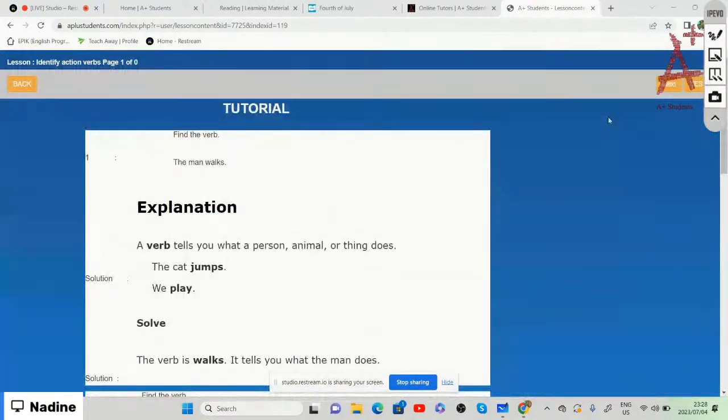All right, so we're going to the next one. And remember, we need to now identify the action verbs. The balloon pops. We need to choose the verb within that sentence. The balloon pops.